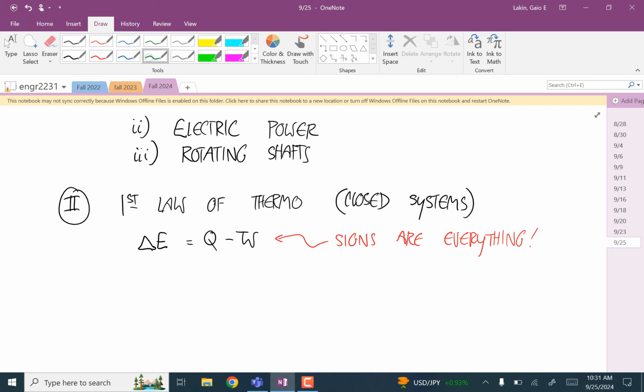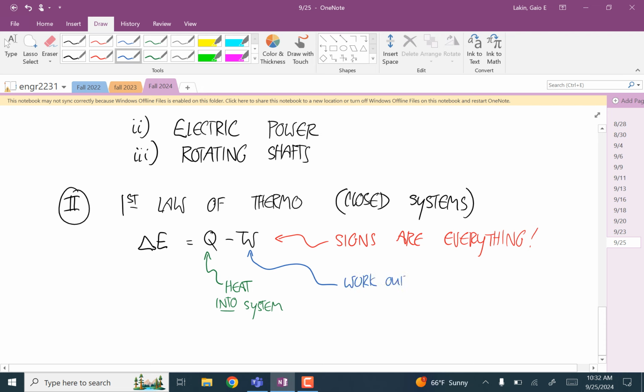And so Q, if this is positive, this is heat into the system, heat into the system, and W is work out of the system.